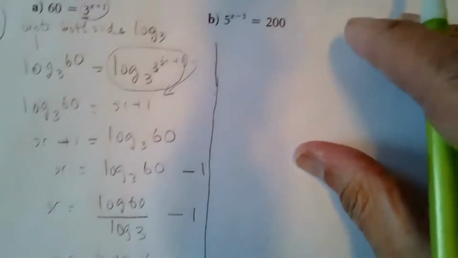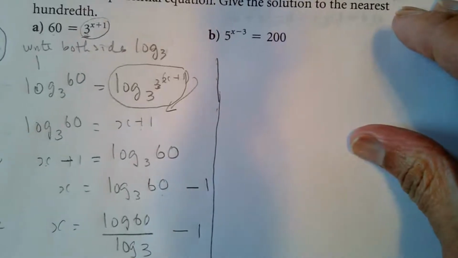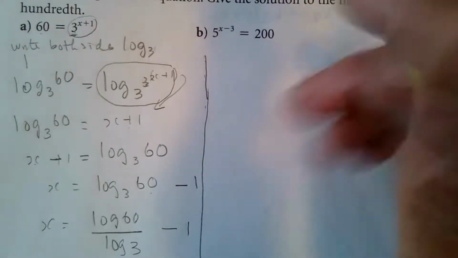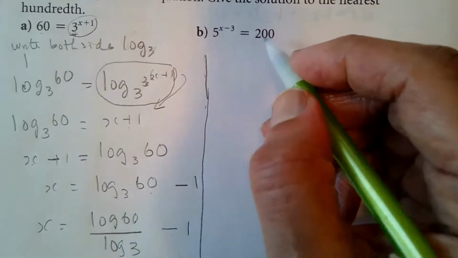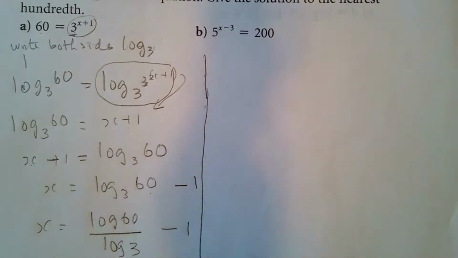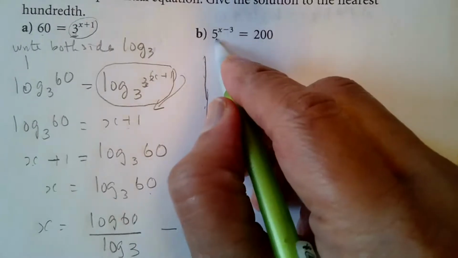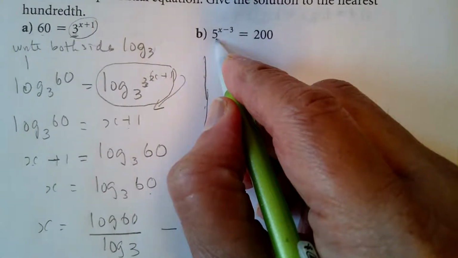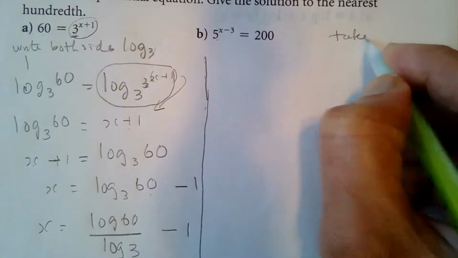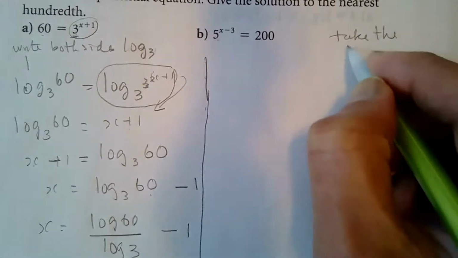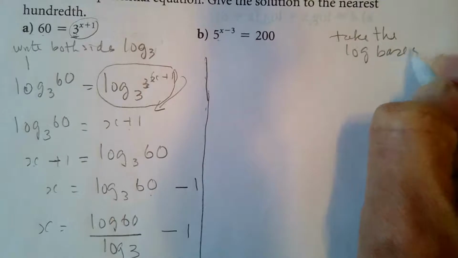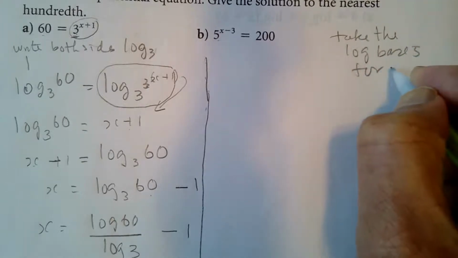Seven B, we'll go through that right now. But the first one here, we want to take the log base 5 for both sides.